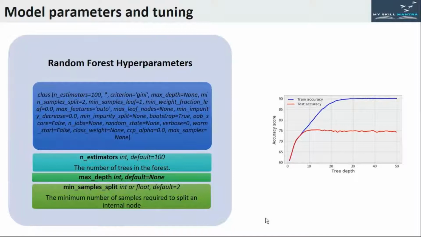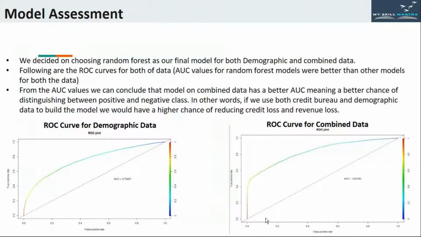This is a very important job in the financial sector, especially in the credit card companies, share market companies. We'll get into this in detail in the next one as well. So this summarizes the model parameters and the tuning.